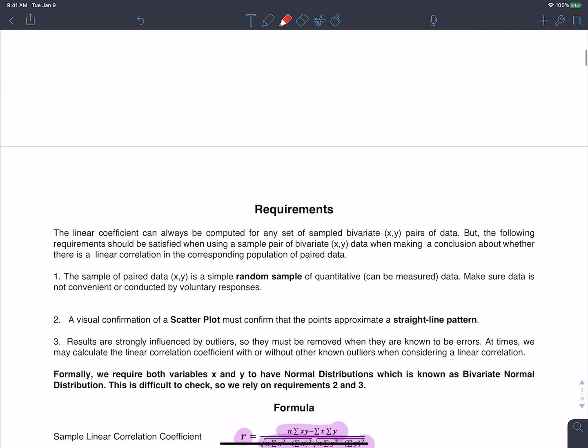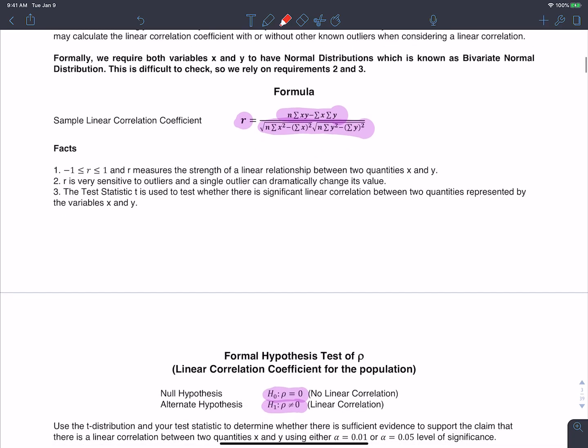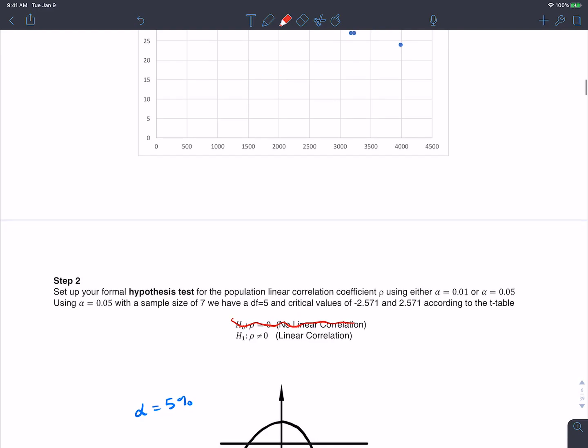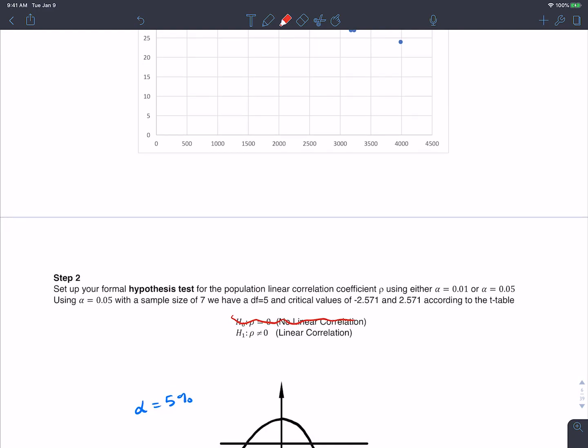Minus 2 or minus 1? Minus 2. It's minus 2, is that right? Yes. It's minus 2. So let's double check there. It's going to be minus 2 here. Degree of freedom.